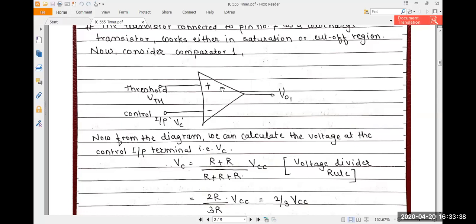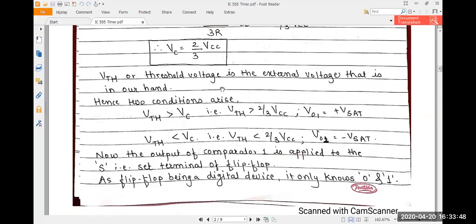So whenever VTH is greater than the control voltage, that means the difference between the two voltages is positive, and hence the output voltage VO1 will be plus VSAT. And similarly, if VTH is less than 2/3 VCC, the control voltage that we have calculated, then VO1 would be minus VSAT.